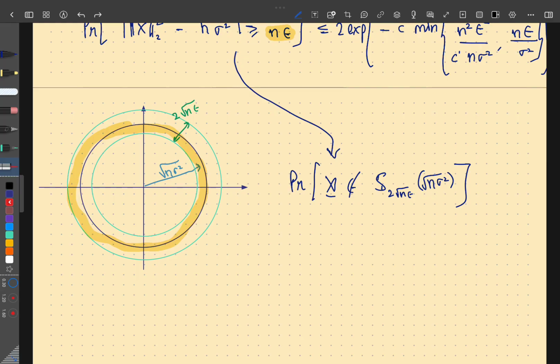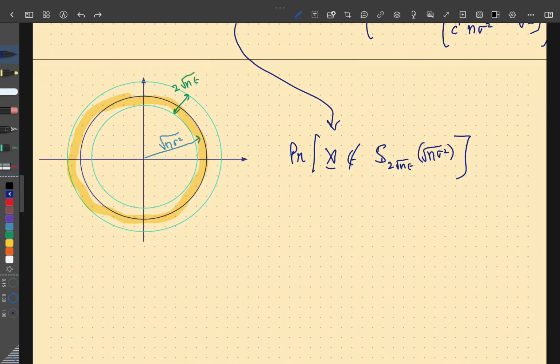Now it's natural to expect that the probability as you go away is very small. That's believable. But what is perhaps less intuitive is why the probability of lying within the ball of radius square root of n sigma square minus n epsilon is small.